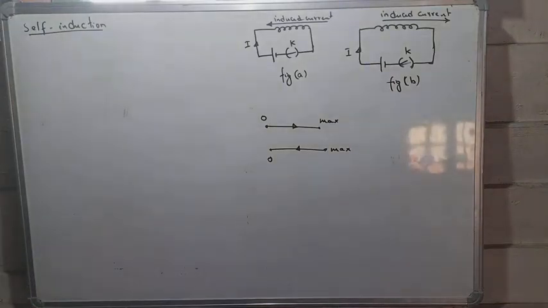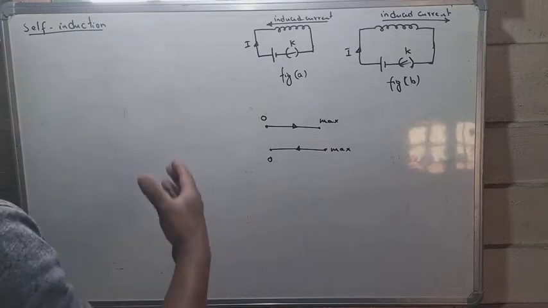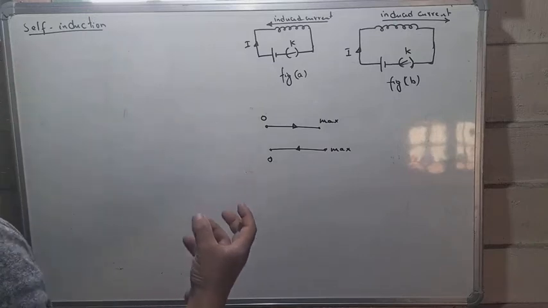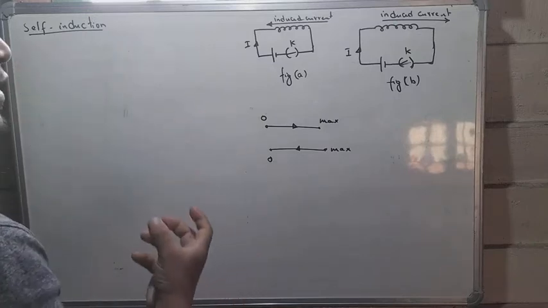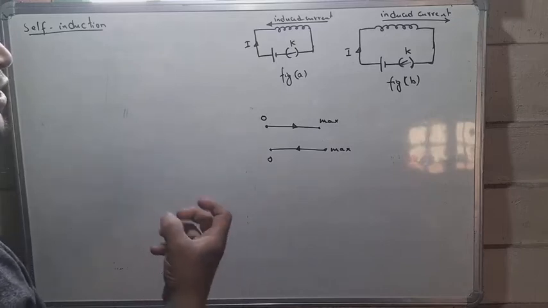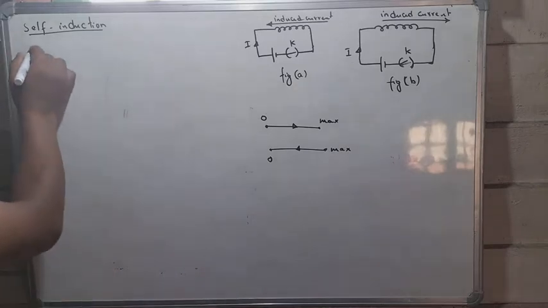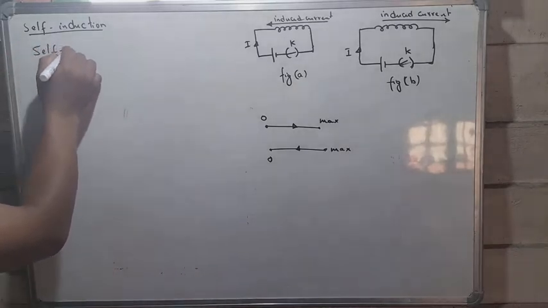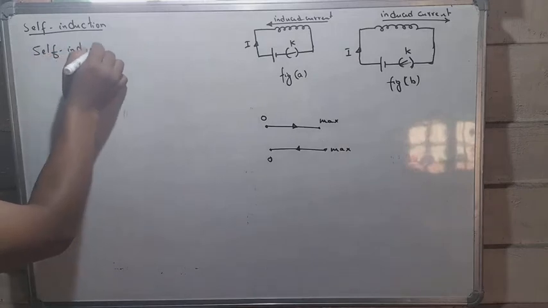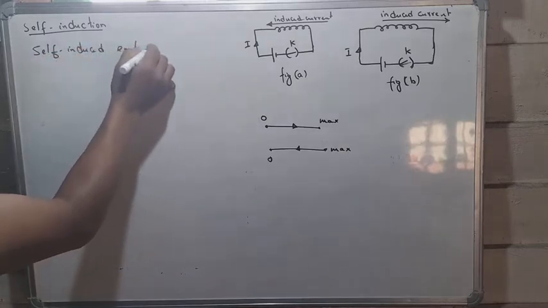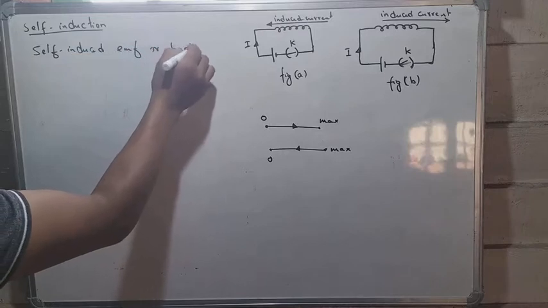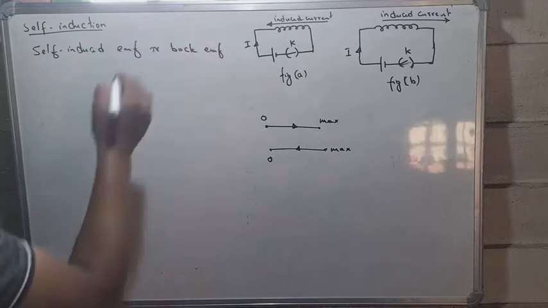So here we can say that an EMF is induced in the coil. This EMF which is induced in the coil is known as self-induced EMF, or sometimes we call it back EMF.